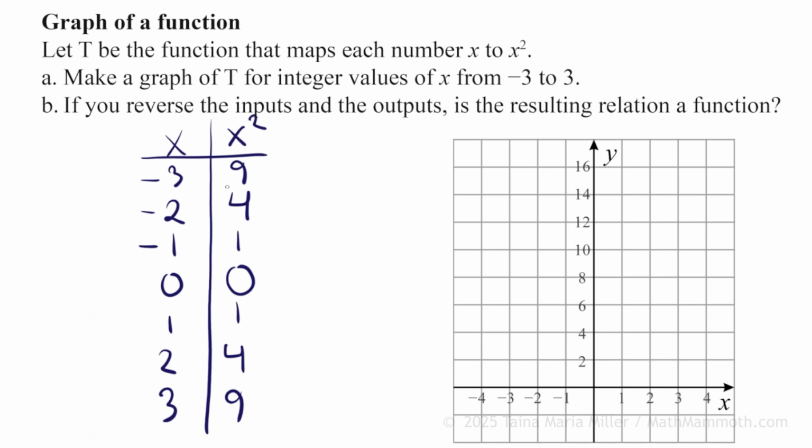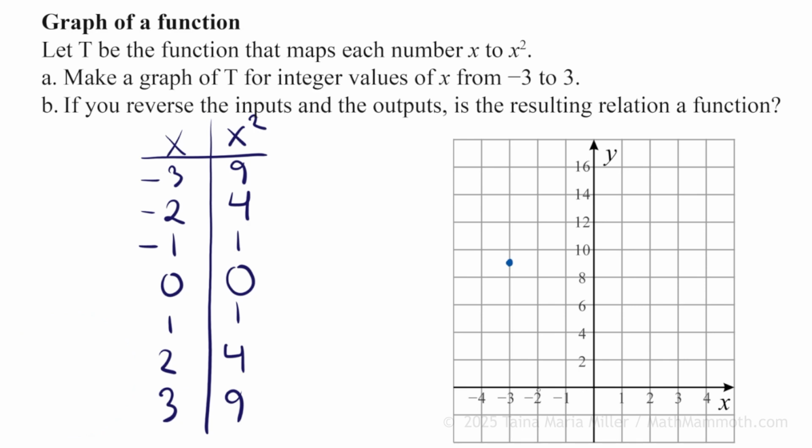And now we will treat these as ordered pairs. So they become x and y coordinates, ordered pairs for the coordinate grid. And that way we get the graph of this function. For example, -3 and 9. It's this point, -3 and 9 over here. An ordered pair, x and y coordinates.